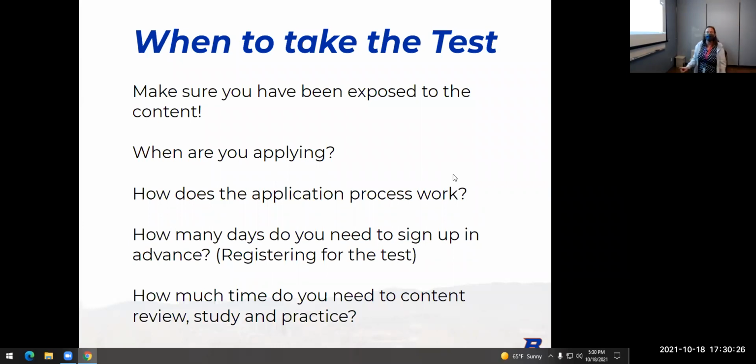Don't take the test without the content. I know you're all really smart cookies, but these are really big deals. And if you're missing something, if you've never touched organic chemistry in your life and it's on the test, oh my goodness, that's going to kill you. That's going to hurt. That's going to make the studying process painful.